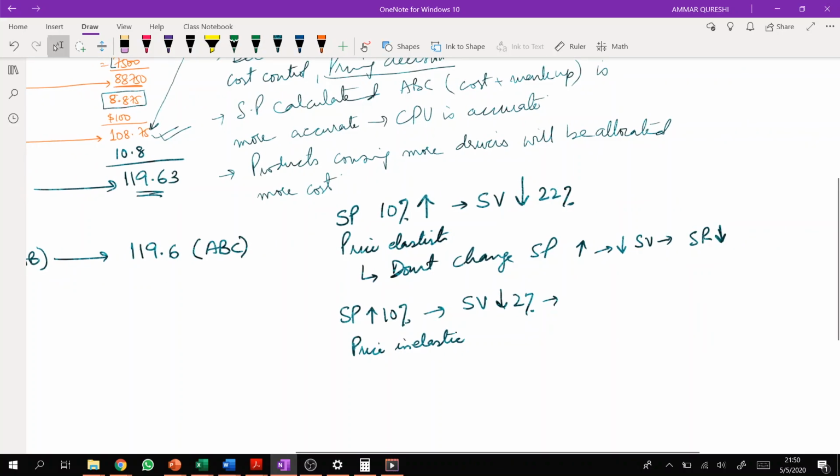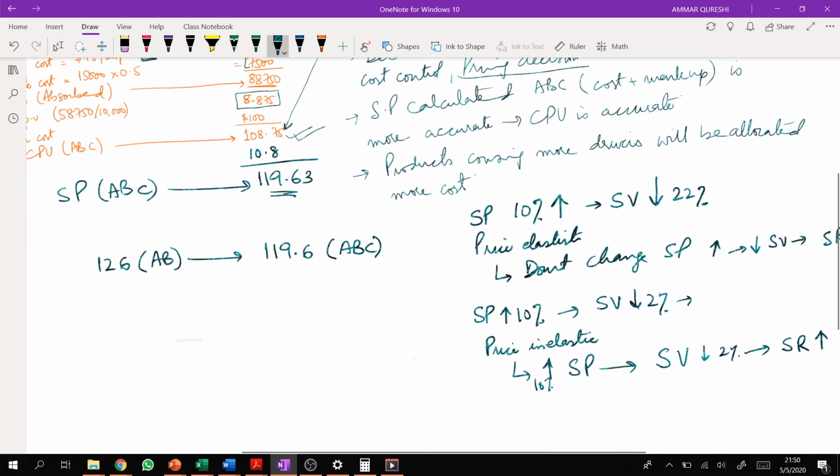In this case, it's advisable for the company to increase the selling price, because your sales volume will reduce by a very little amount. So overall, there will be an increase in sales revenue.